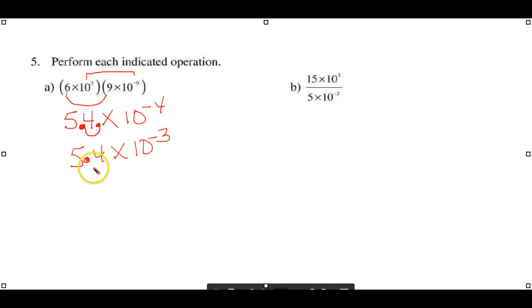Now, converting this to standard notation, we're going to add how many decimal places? And the answer is 3. So we have 5.4. We're going to add, we have 1, we're going to add 2 more, and it goes like so. And that is in standard notation now.